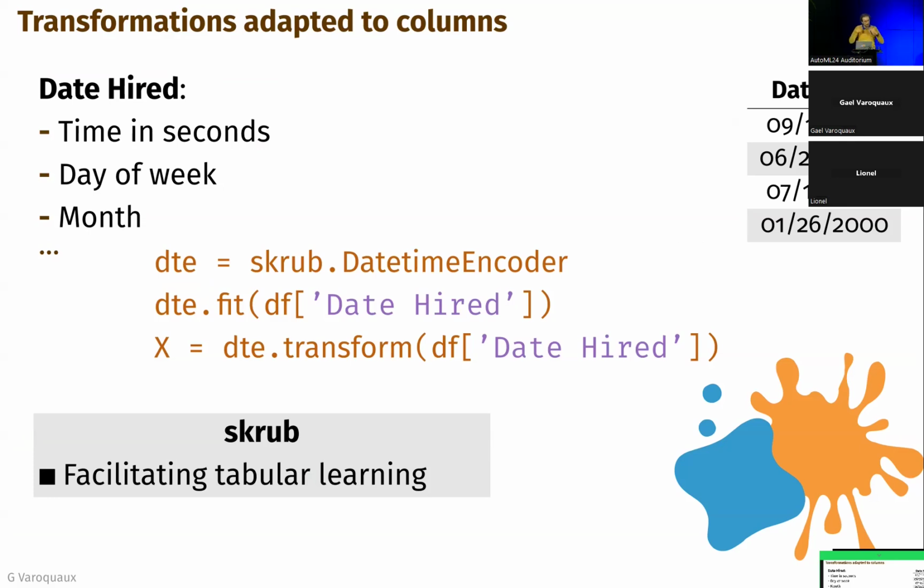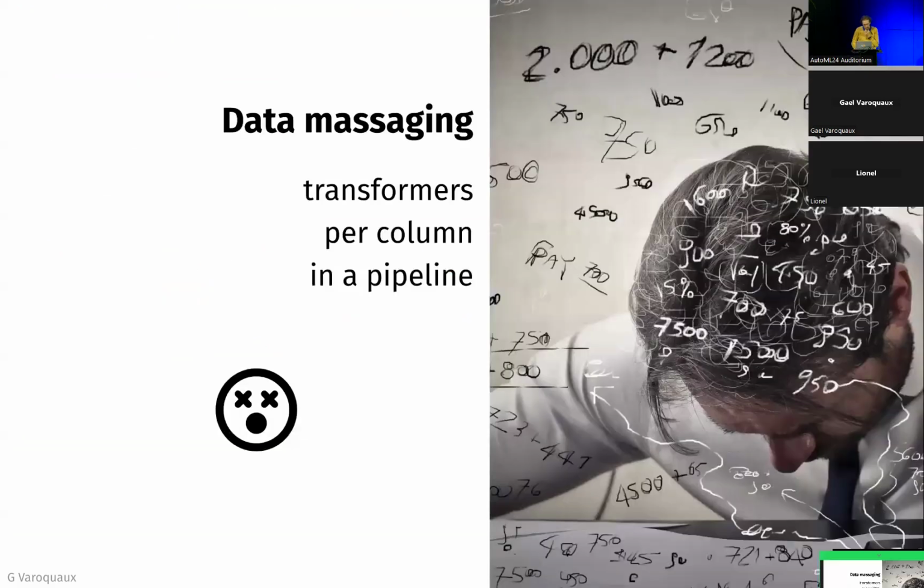And so it can fit the data and transform the data, and has hyperparameters that can be tuned, hyperparameter optimization. Okay, so data munging is about doing all kind of transformers, applying scikit-learn transformers or skrub transformers, or one-hot encoding, Gaussian, quantile transformer, the datetime encoder on the different columns in a pipeline.